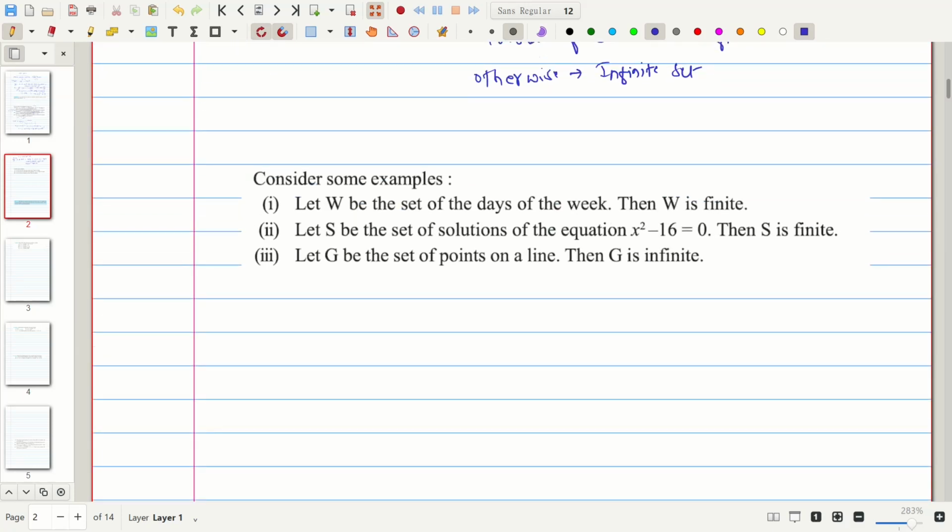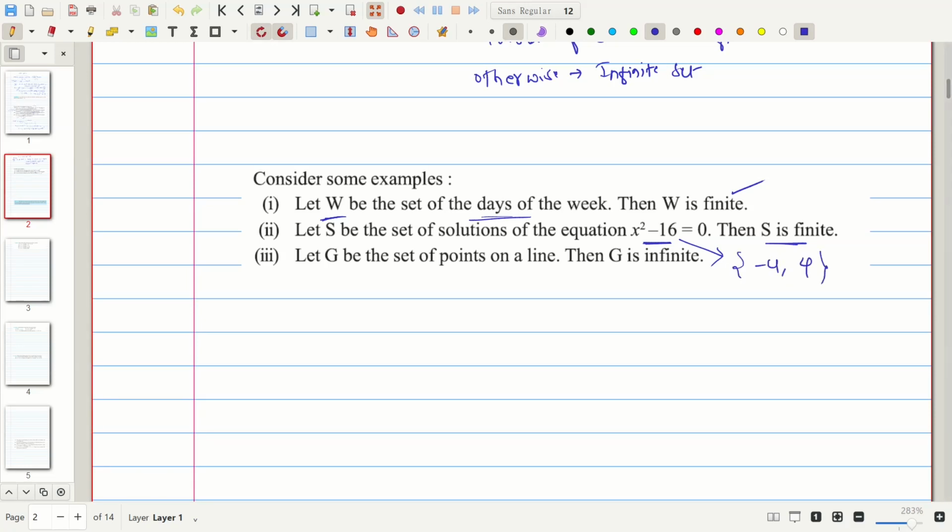Let's see examples of finite and infinite sets. Let W be the days of a week. A week consists of how many days? 7 days. So W is a finite set. Let S be the solution set of this equation. The solution set is finite, because if we solve this equation, we get the set of -4 and 4.